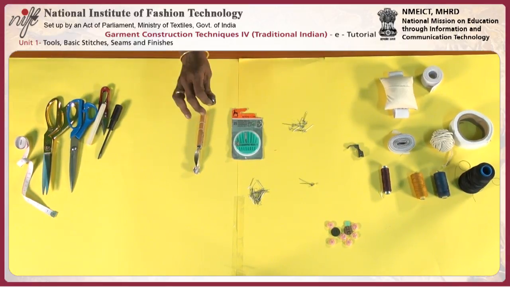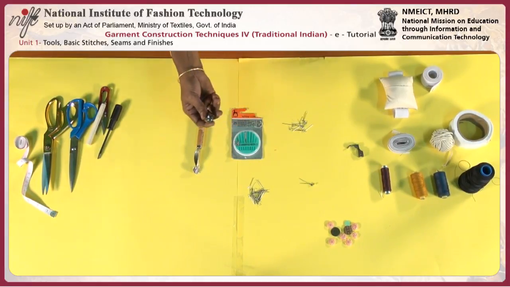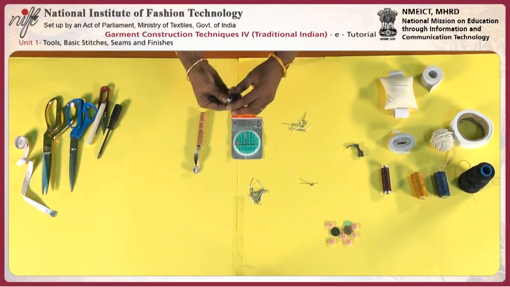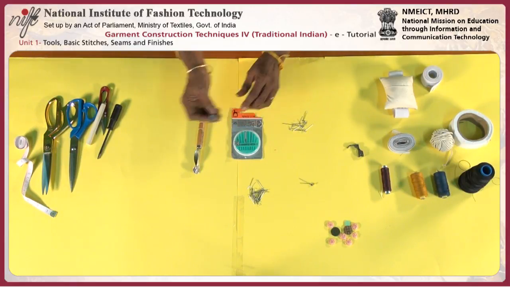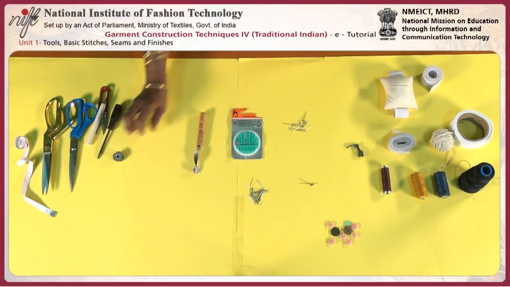This is helpful to deliver the thread as an under thread, and the needle will create a loop by catching this. So this is called the bobbin case and the bobbin. Without this we can't stitch on the machine.